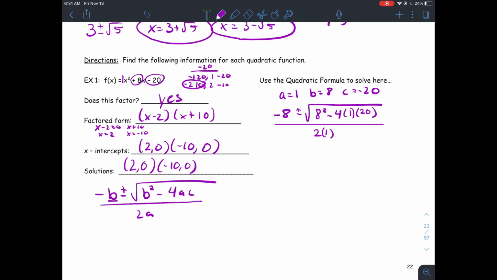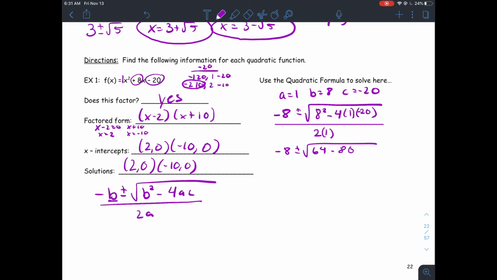So now let's go ahead and work to simplify this. We would get negative 8 plus or minus, and we get 64, minus, and then 4 times 1 times 20. Oh, I messed up. This was supposed to be a negative 20, right? There we go.